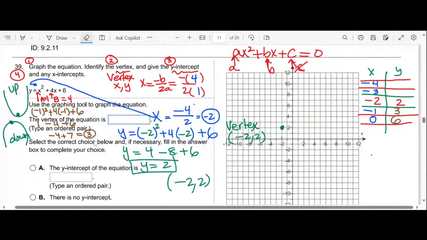Okay, next we need to do negative 3. Negative 3 squared plus 4 times negative 3 plus 6. Negative 3 squared is negative 27, correct? Negative 12 plus 6.